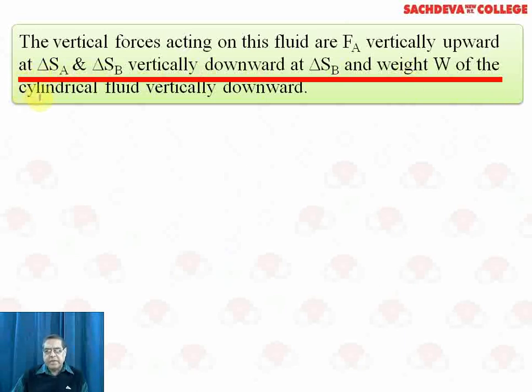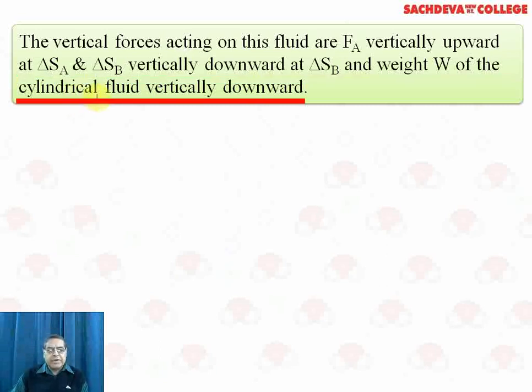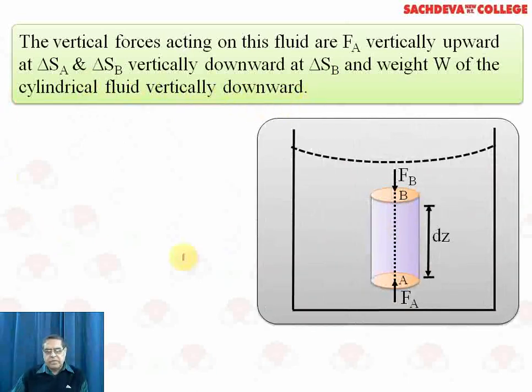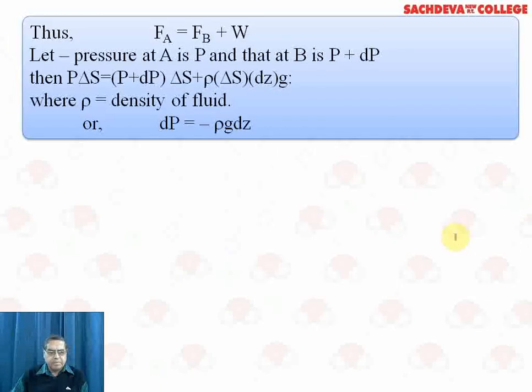So weight will be given as mg, where m is the mass of the fluid and mass is density into volume, and W is the weight of the cylindrical fluid vertically downward. Now the same figure we are again considering, and we are taking a cylinder. The force downward will be FB and upward it is FA. dz is representing a small distance.